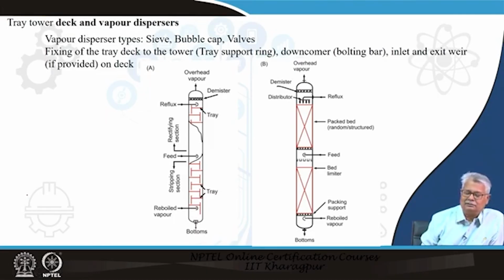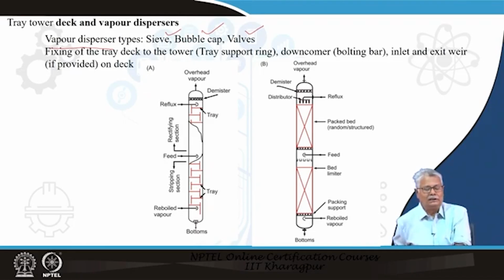Conventionally, in tray towers, the vapor is dispersed, and depending on the type of arrangement we have for the dispersal, it will be a sieve tower, which means you just have a hole, a bubble, it could be a bubble cap, where you have an inverted cup like structure over a nozzle or a riser, or it could be valves which has got a movable part also. Now, each of these type of trays have their own advantages and limitations.